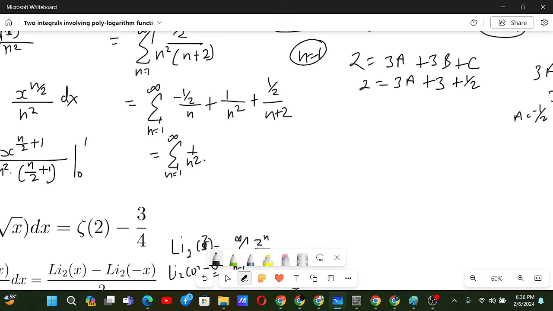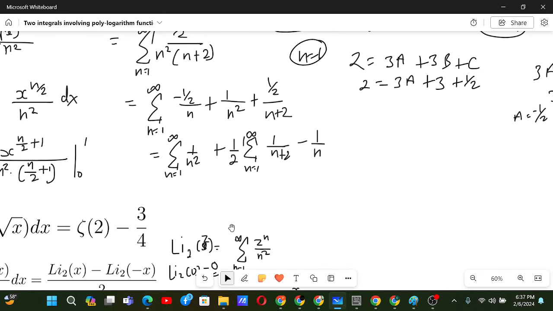This one is just the Riemann zeta of 2, and take half out of the sum from n equals 1 to infinity of 1/(n+2) minus 1/n. This is a kind of telescoping sum. Telescoping sums are not that hard to evaluate, those are easy stuff. This is Riemann zeta of 2 plus the other one is 1/2 times the sum.